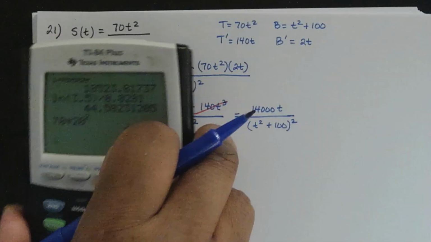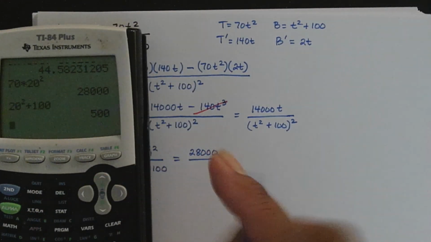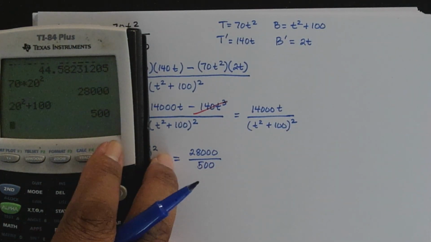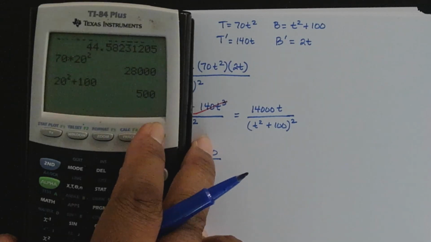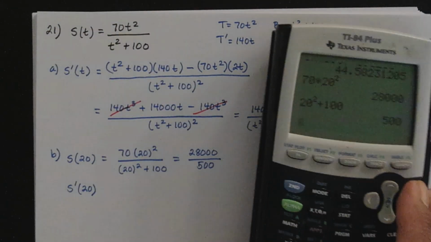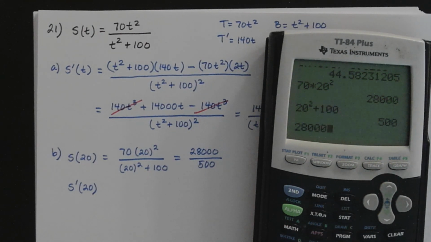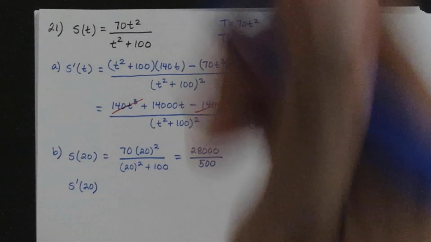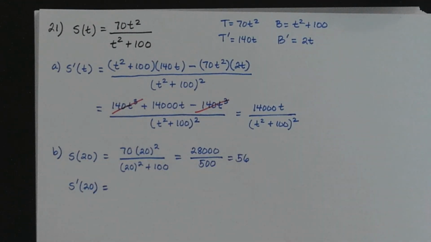Divided by 20 squared plus 100, that'd be 500. So 28,000 divided by 500. That's 56.